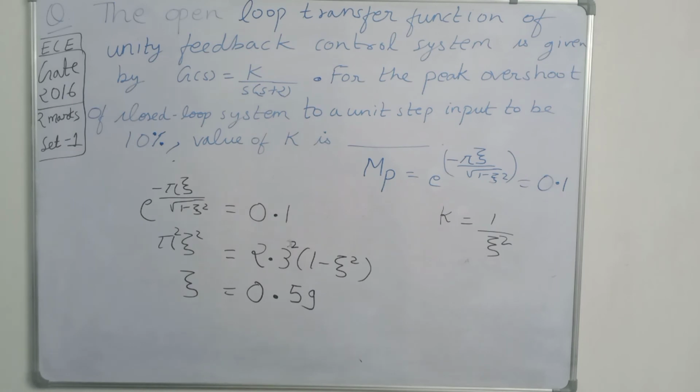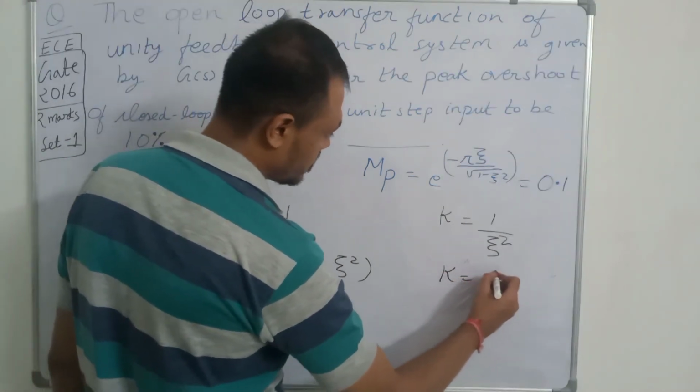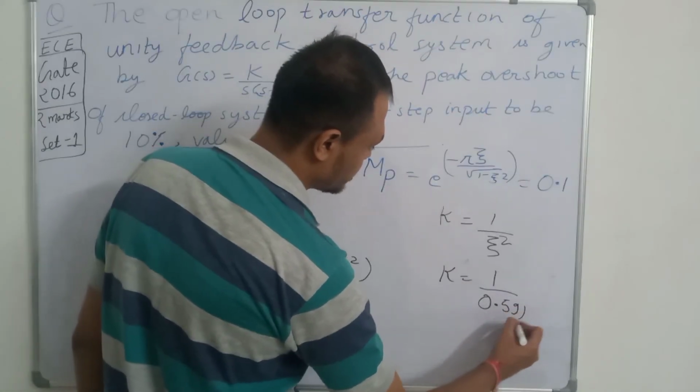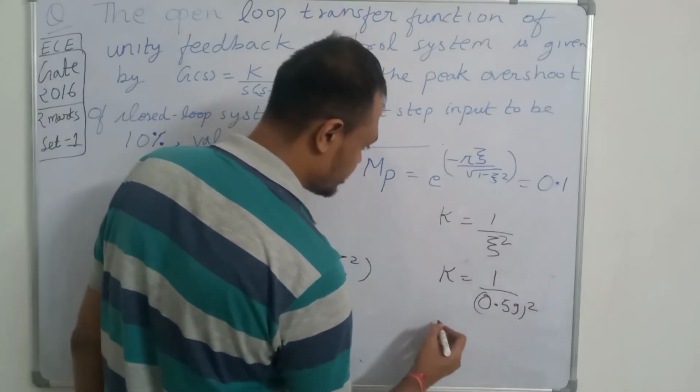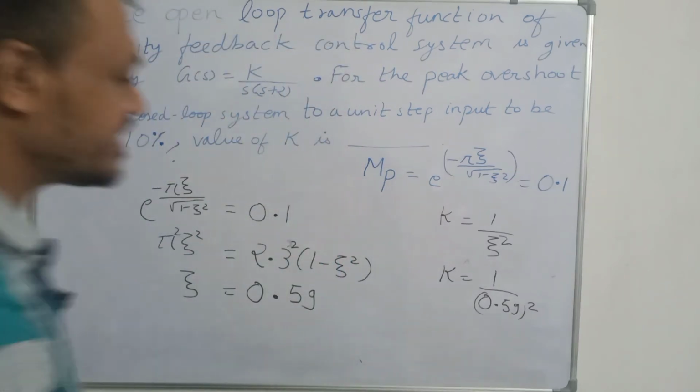So K = 1/ζ², so K = 1/(0.59)². So the value of K will be 2.8.